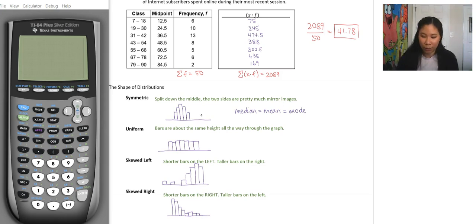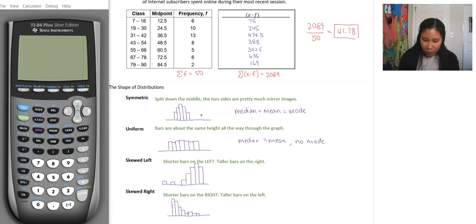So if we look at a histogram, it would be the tallest bar. So when it's symmetric, the mean and the median and the mode are all the same number. If it's uniform, that means it's still symmetric because we can technically mirror image the two sides. So that means the mean and the median are the same, except there wouldn't be a mode because there's nothing that would repeat the most, since they all repeat the same amount.